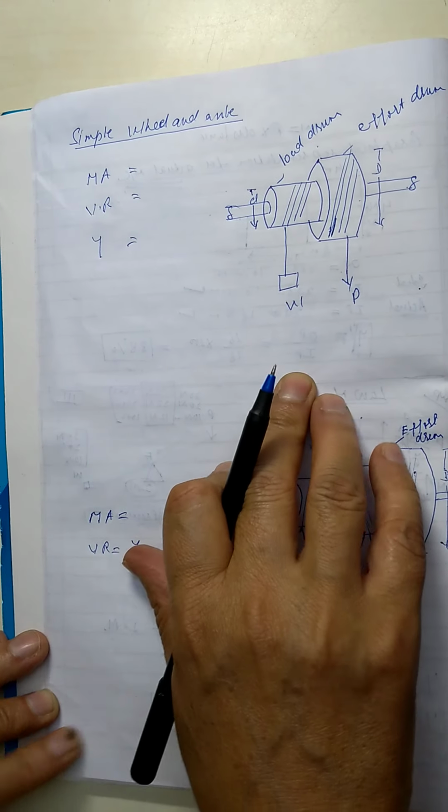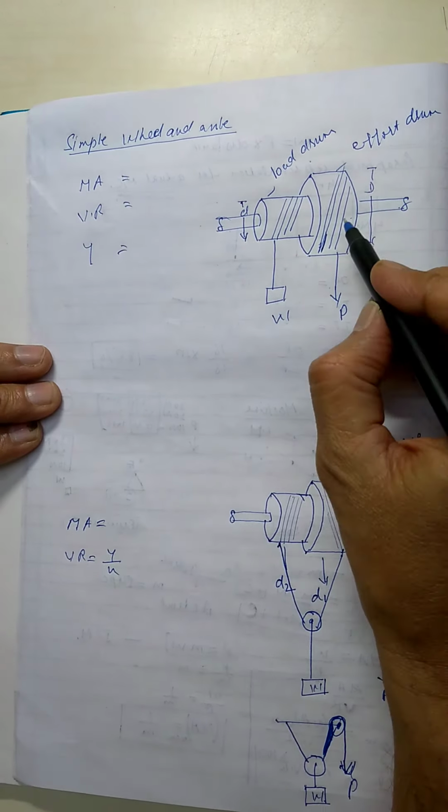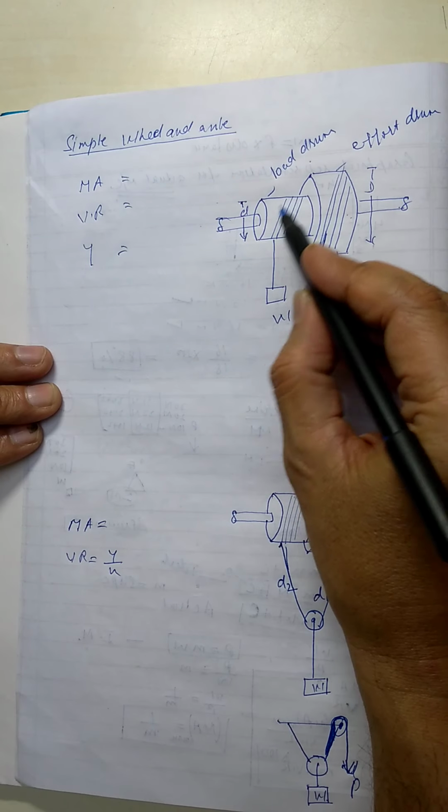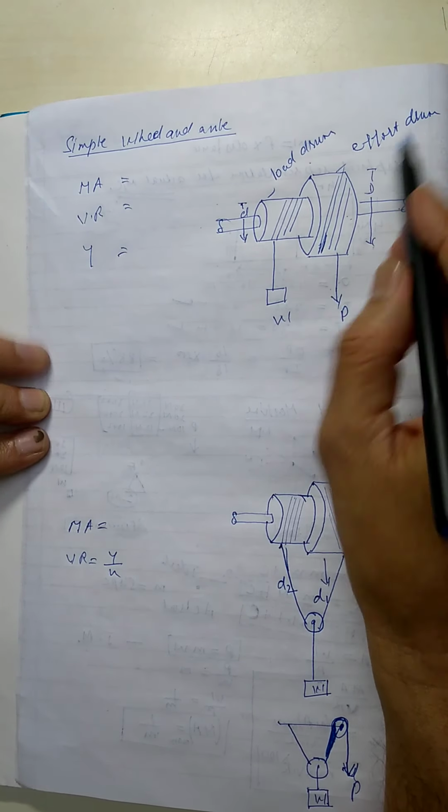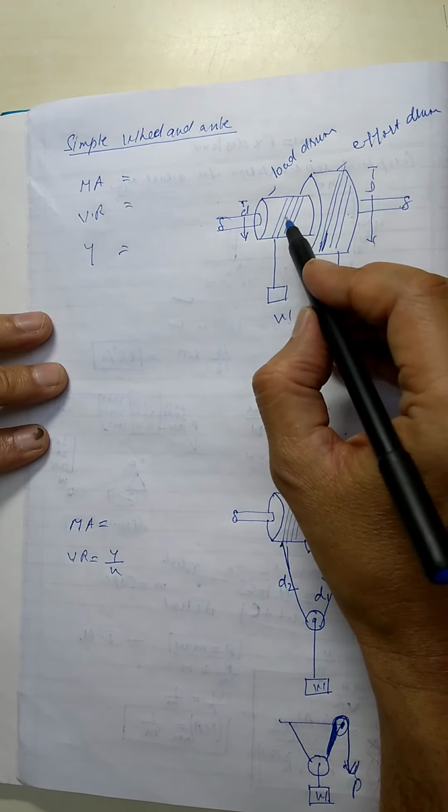This will also rotate, this will also rotate, because all the three things are rigidly attached to each other. Now see, one string is wound about this drum and one string is wound around this drum. This drum is known as effort drum and this drum is known as load drum.